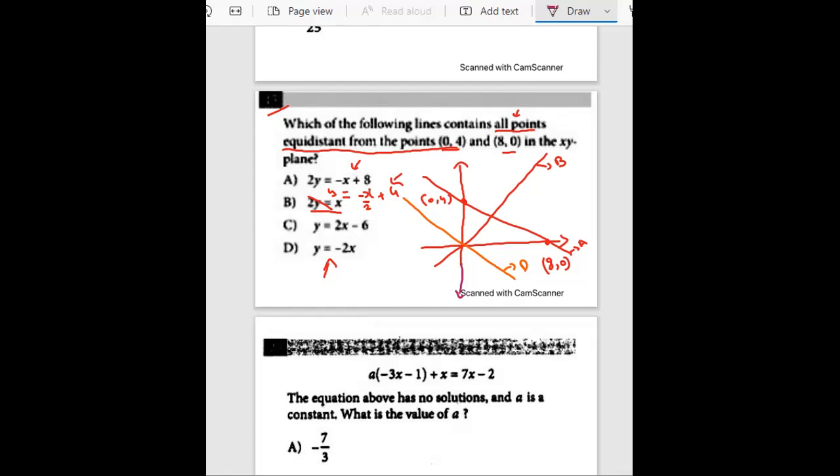So it would be passing through minus 6 and then going up. What would be its value on the x-axis? Y should be 0, so it would be passing through 3, right? Somewhere here. So it would be this line. This is for C. Okay, so what do you think?